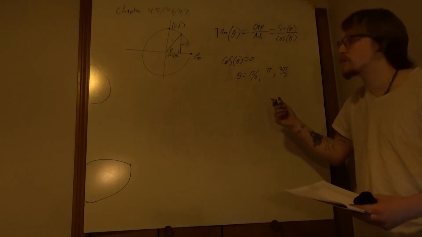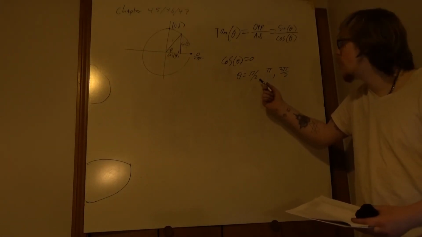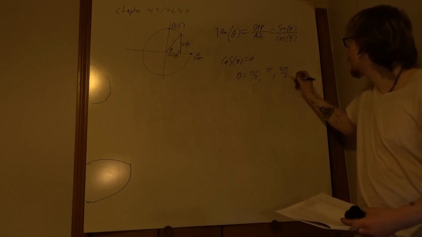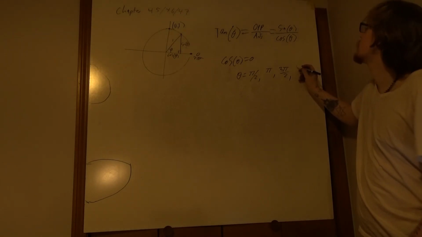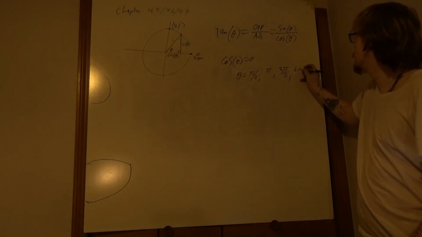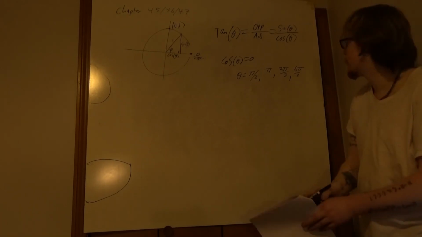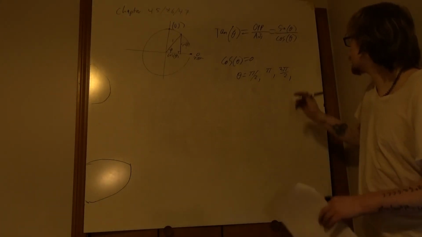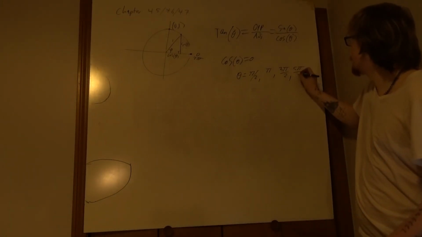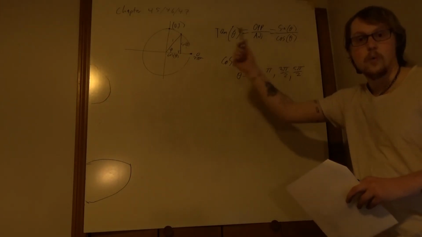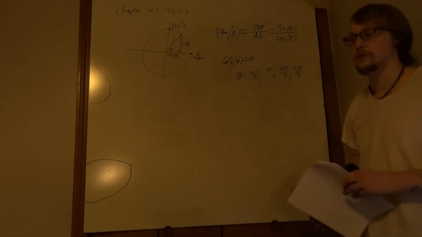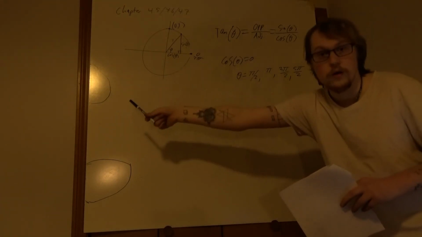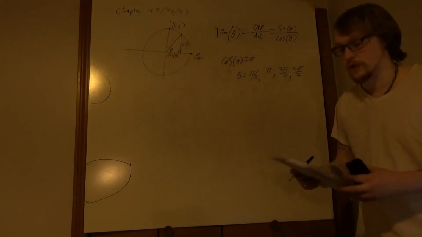And since it's a periodic function, what would the next one be? It would be 2 pi plus pi over 2, so 4 pi, so 6 pi, oh no, that can't be right. It's got to be 5 pi over 2, which is once more around the circle up to regular pi over 2. And of course going negative and positive infinite.